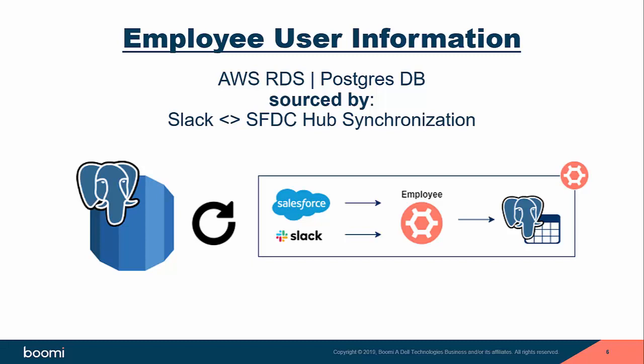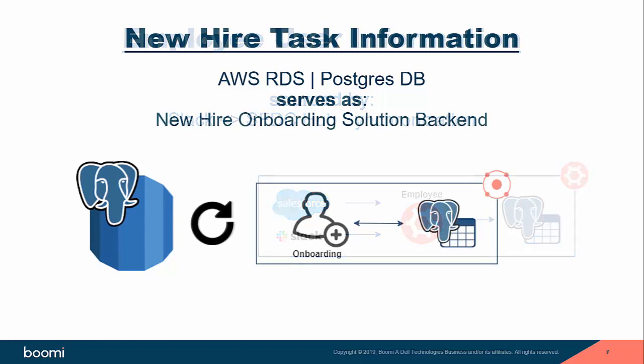Salesforce and Slack are key contributors to this mastered employee record. So we can effectively match and merge that information, ensure it's consistent, and then synchronize that employee golden record data to another Postgres table. That is the source for this data prep job.